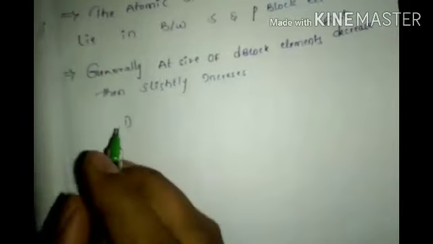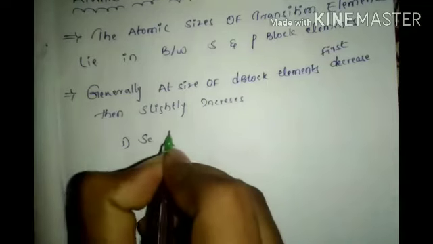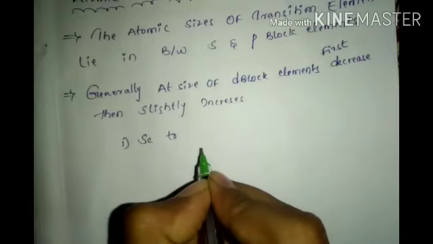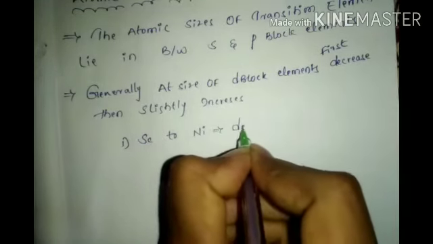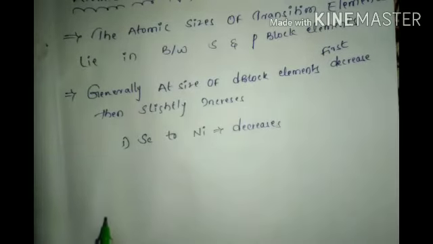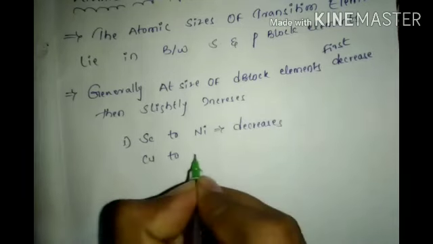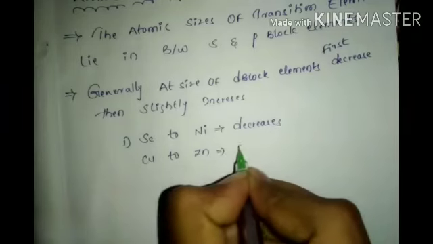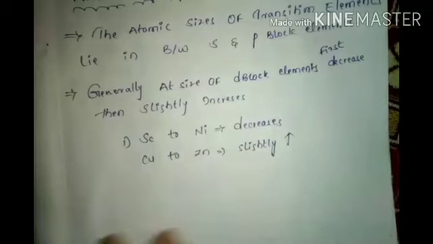Now what are they? Examples. First example, scandium to nickel decreases, then copper to zinc slightly increases.